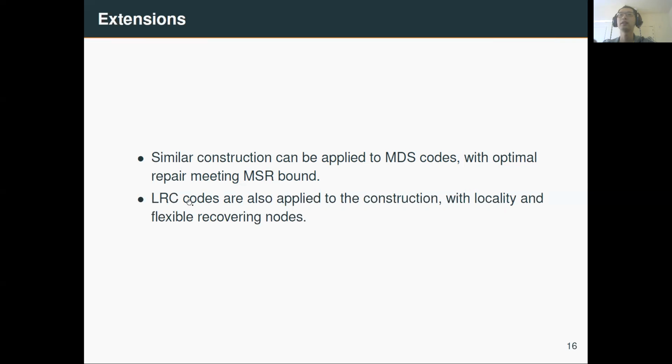And locally recoverable codes are also interesting. They can all be applied to our construction. By doing so, we can maintain the locality properties for the locally recoverable codes, and also we can maintain a flexible probability, which means we can recover the whole messages from a flexible number of nodes according to the failures we have.